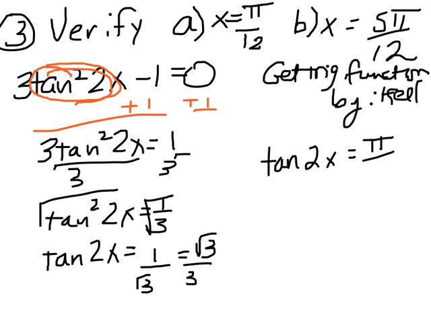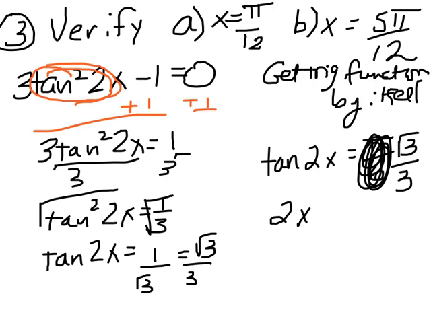Okay. Now, so here's what we're saying. Oh, wait a minute. The tangent of 2x is square root of 3 over 3, but what we know is that that's a 30-degree angle, which is pi over 6, so the angle is pi over 6, but they put 2x here, so I'm going to say 2x is pi over 6. How am I going to find out what the actual real solution is here?